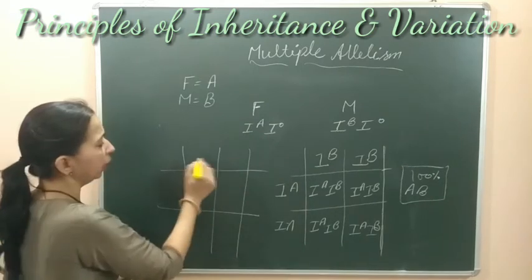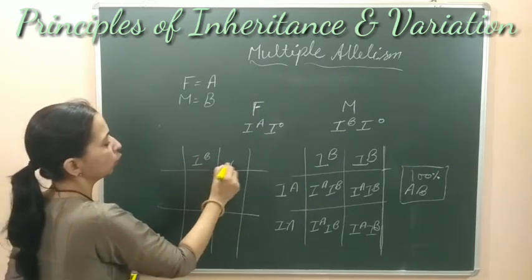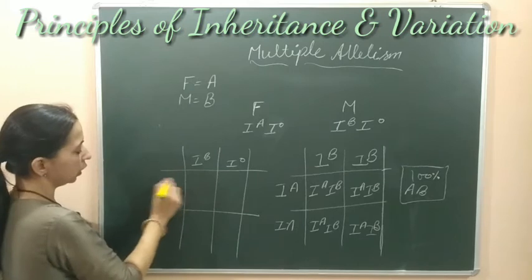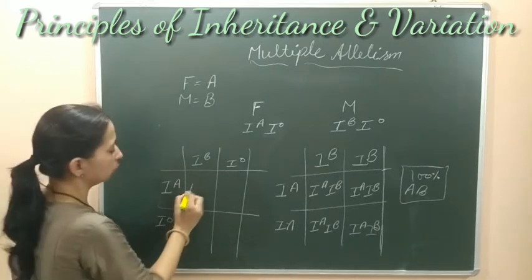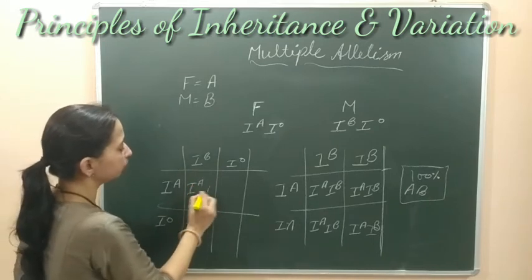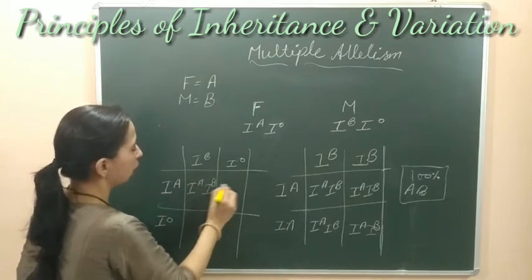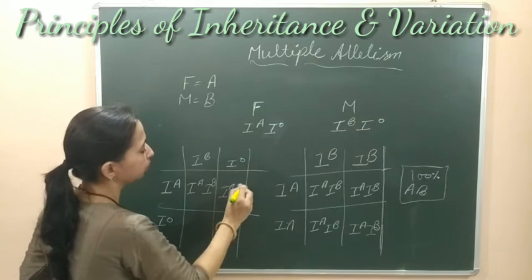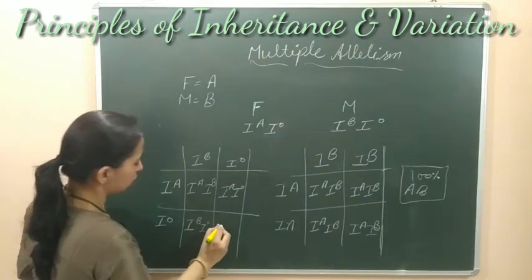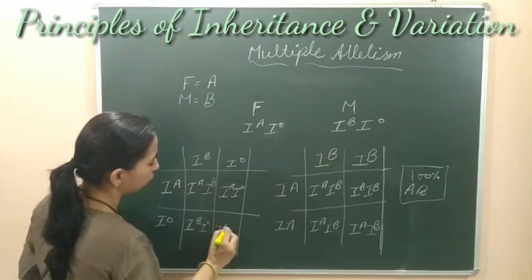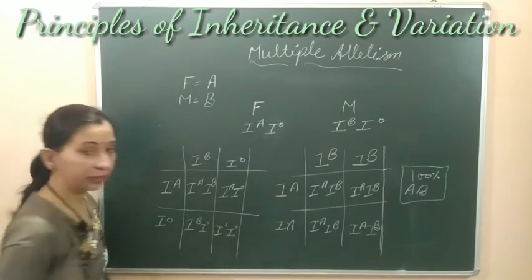Here the mother is IB, IO and the father is IA, IO. Let's see what type of gametes will be formed: IA IB, IA IO, IB IO, IO IO. These are the possibilities which will form.